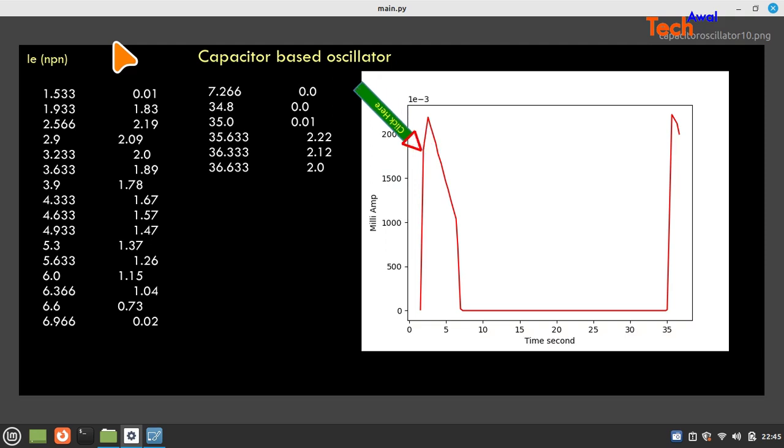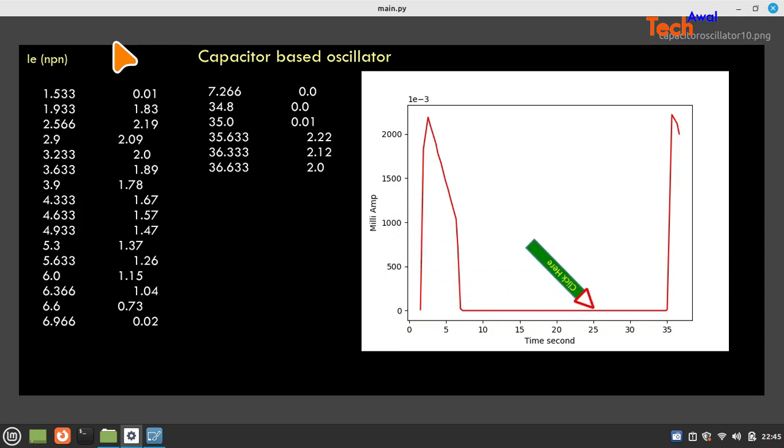It came into conduction, I mean the active region, but the emitter current is falling continuously, and the capacitor is discharging to a level that the transistor is switched off.